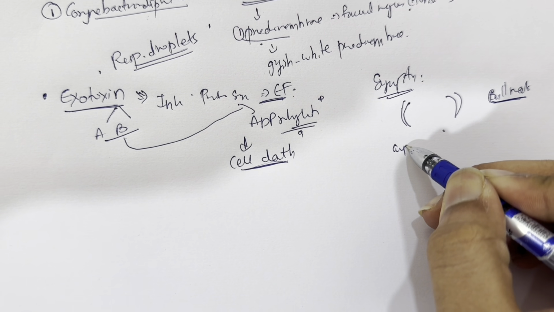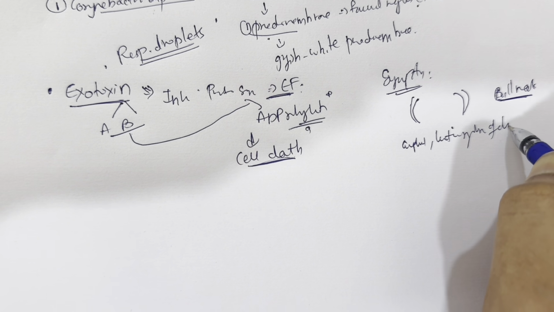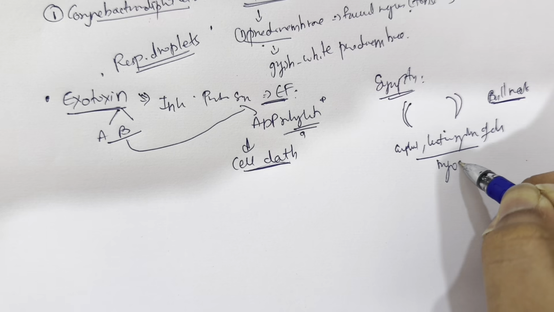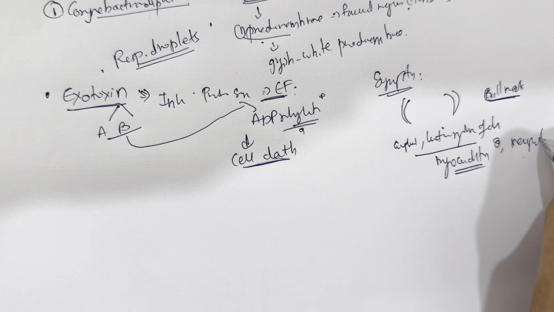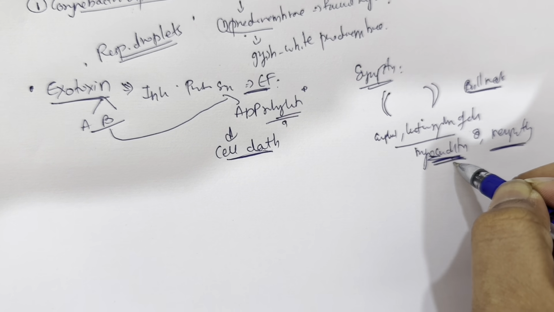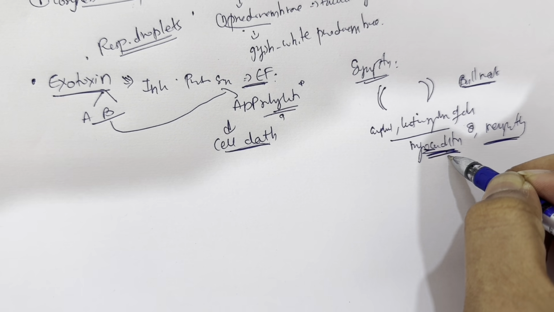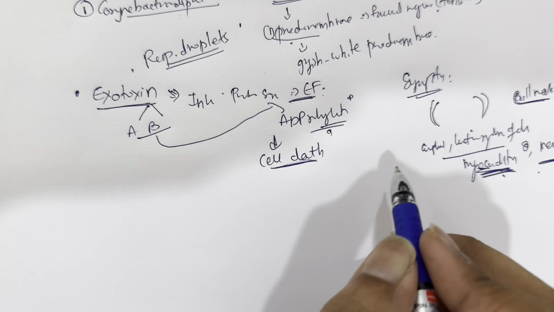The complications or late symptoms of diphtheria are very severe myocarditis and neuropathy. Myocarditis is very important because deaths in diphtheria are because of myocarditis, so you need to know that. That's about the symptoms of diphtheria.